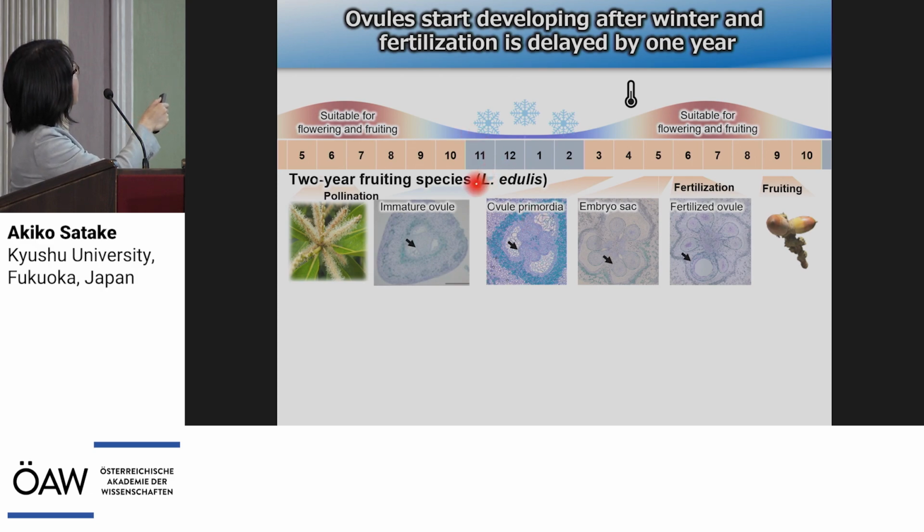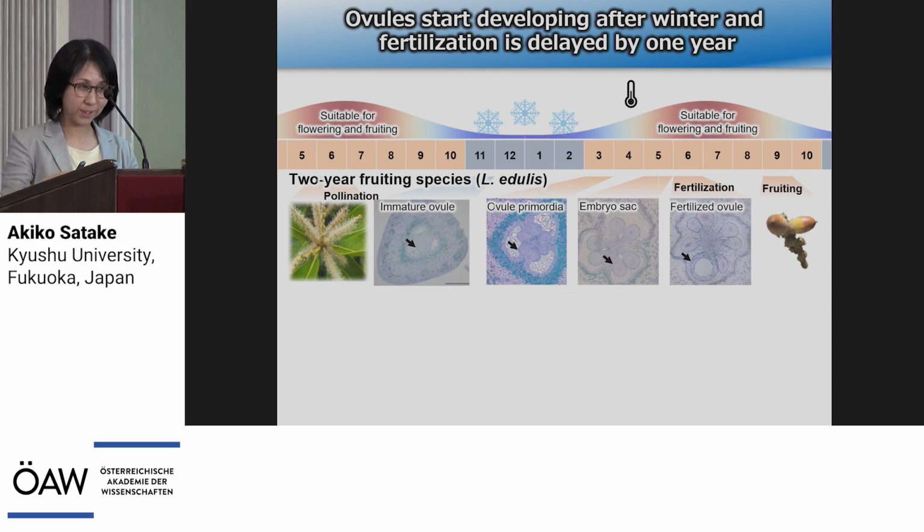But even in November, so this is an image of ovule, and in November, ovules are still immature, right? But in March, the ovules start developing after winter. And in May, ovules are fully developed. And you can see 6 mature embryo sacs here.